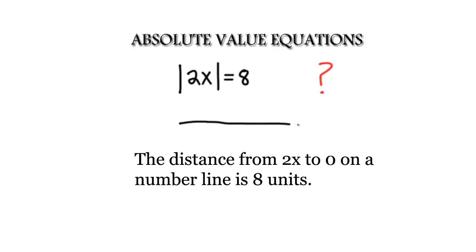You have a number line, and there are two spots on the number line that are 8 units away. You can go on this side, or you can go on the negative side. So that's what we're trying to find. Where is that located? This spot here and this spot here.